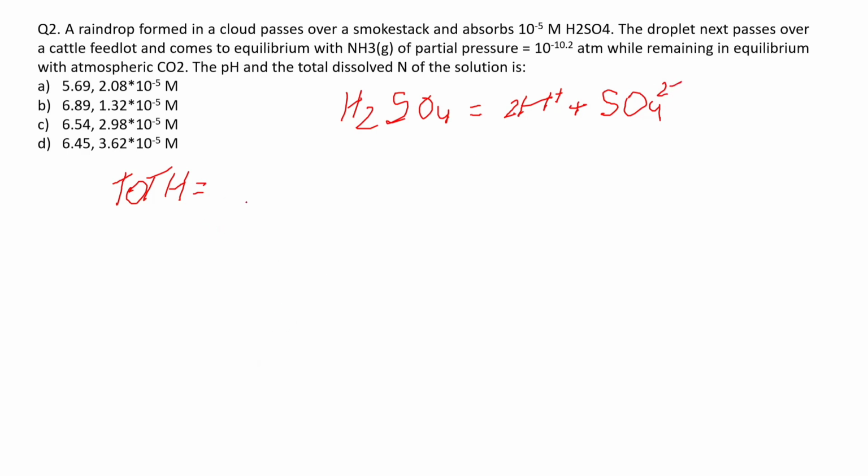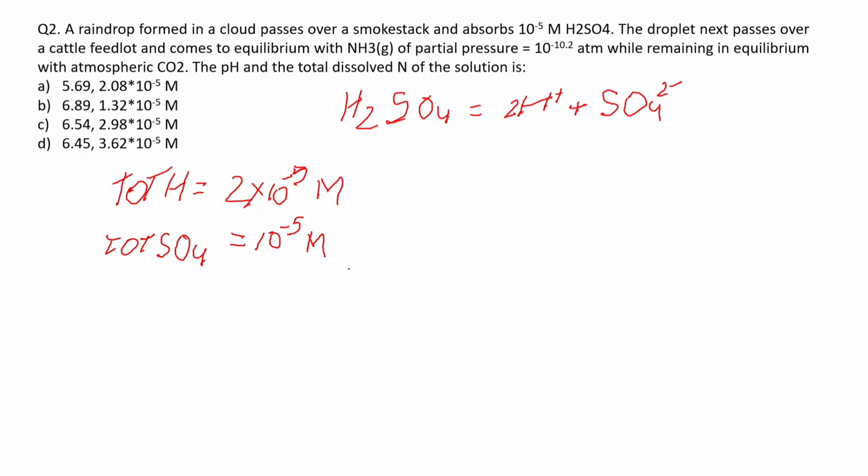So total H will be 2 times 10 raised to the power minus 5 M, and total sulfate SO4 is equal to 10 raised to the power minus 5 M.